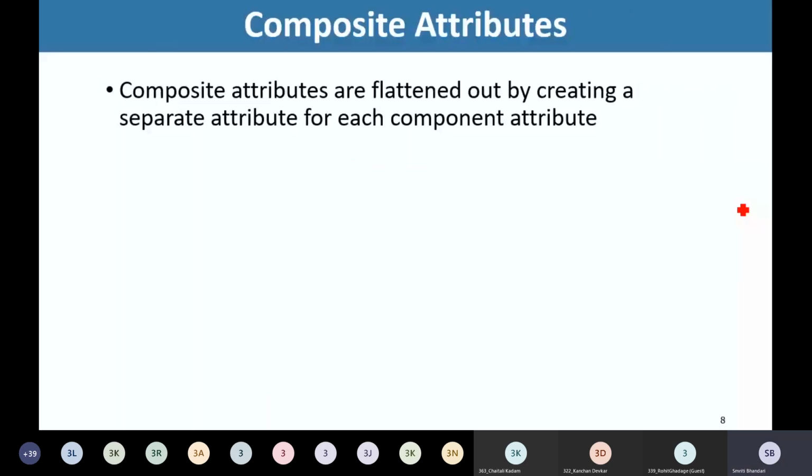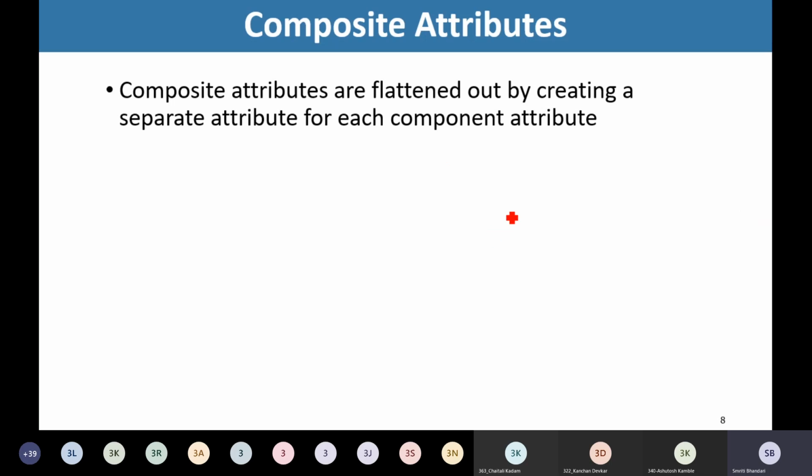Okay? Now, as we have seen in ER model, we are having composite attributes, we are having multi-valued attributes, we are having derived attributes, right? So, how to deal with these different kinds of attributes whenever we convert our ER model into the relational schema?